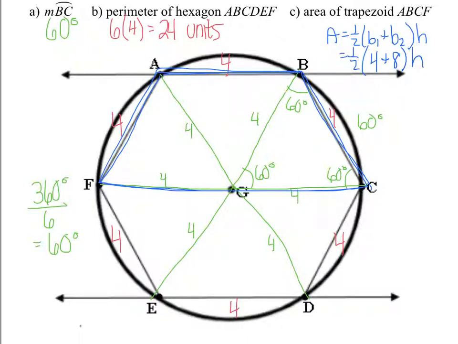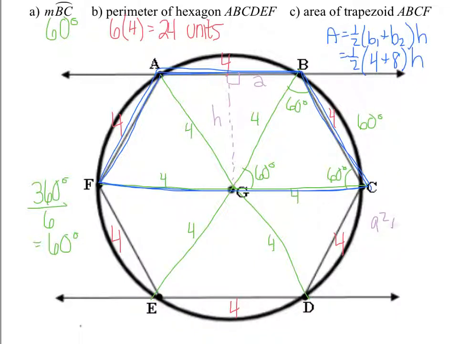So let's first work on finding the height. The height's going to be a height of one of these triangles. And because it's an equilateral triangle, we know that it's going to form a perpendicular angle with the base, but it's also going to bisect the base. So we know that this is going to be 2 units. We know that this is 4 units, so 2 and 4, right triangle, we can use Pythagorean's theorem.